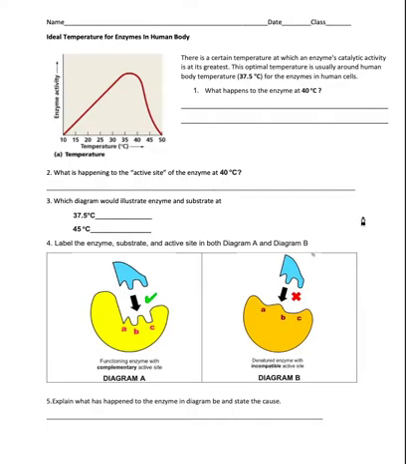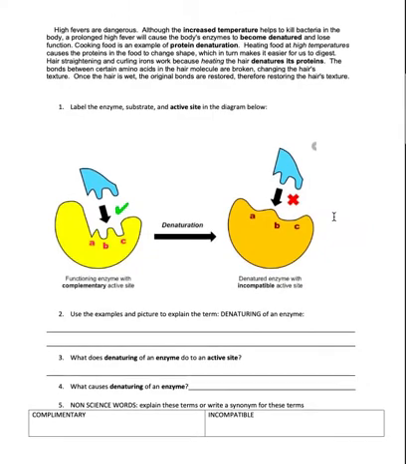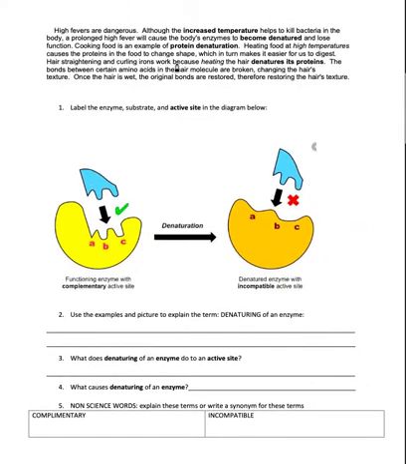Okay, so I reviewed this last video. We went over an example of heating proteins and how it changes the shape of the active site on an enzyme. Again, an enzyme is a protein that is going to speed up chemical reactions, and it's going to help either break down a substrate, which would be this little piece here, or change the substrate into something totally different.